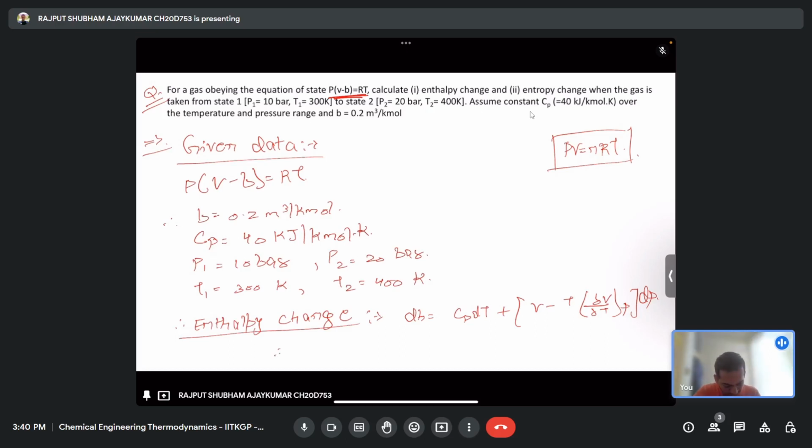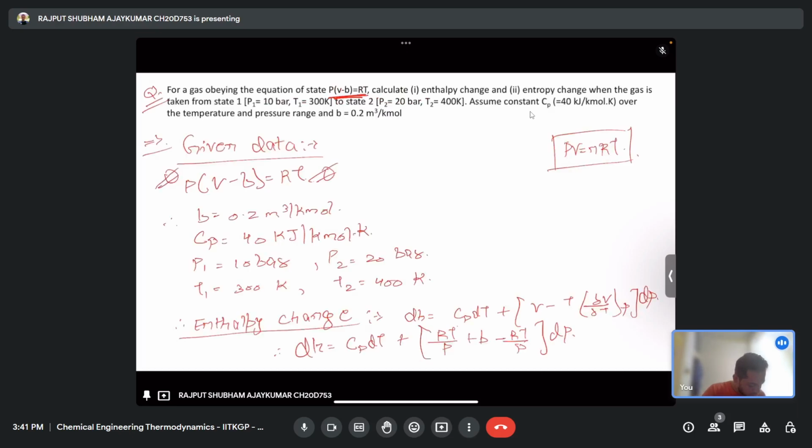Enthalpy change can be written as, so if you try to simplify this equation, I can write this as RT by P plus, I will take this on the other side, P minus RT by P. So what I've done is, using this equation of state, I have partially differentiated and simplified this equation.